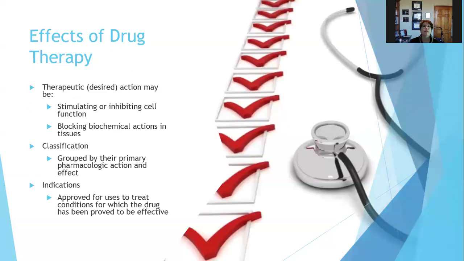But the effects of drug therapy, usually there's a therapeutic action, a desired action of the drug that we want it to do. There can be side effects or non-therapeutic actions, but usually the desired action can be stimulating or inhibiting cell function.